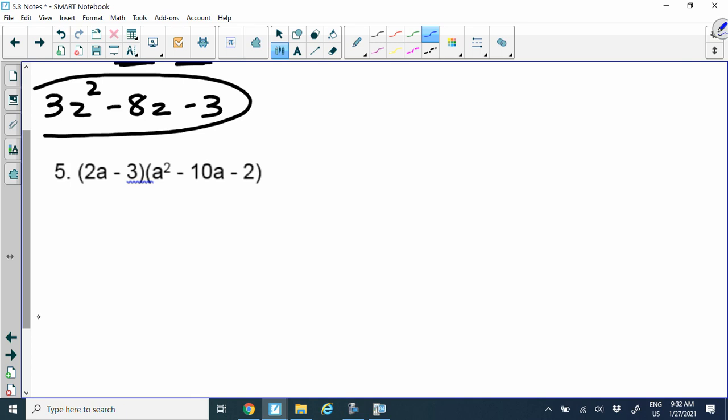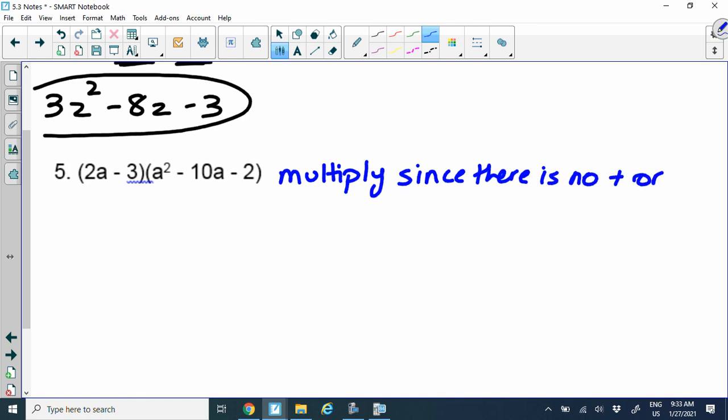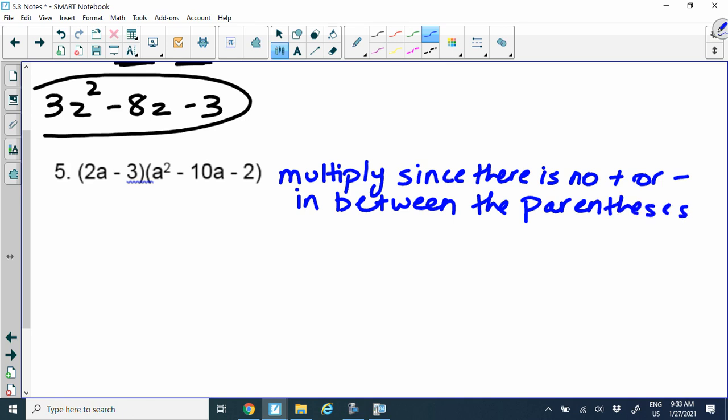Once again, notice that we don't have an addition or subtraction sign in between, so that means we're going to multiply. Okay, so I take 2a multiplied by a squared.